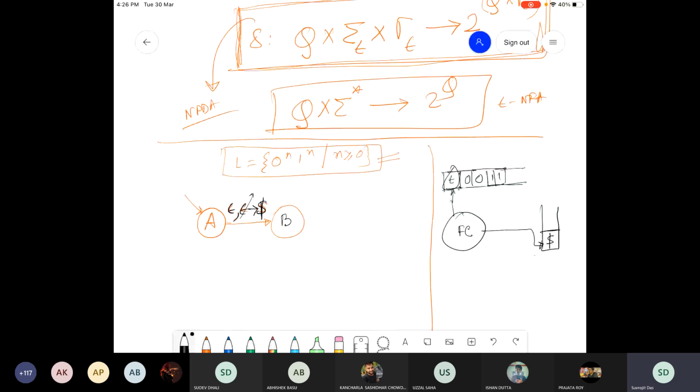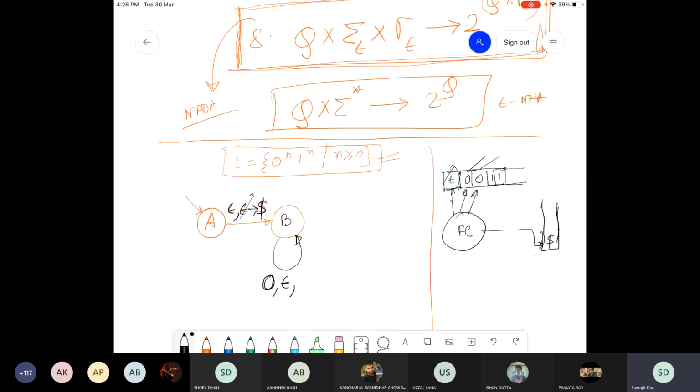In B, you are internally coding the function of state B as you take zeros as long as you can. You move right, you see the zeros. As long as you see the zeros, you go on pushing the zeros on the stack and remain in state B. If you see a zero and an epsilon, that means the position just above the dollar is epsilon, so the stack has no zeros or ones.